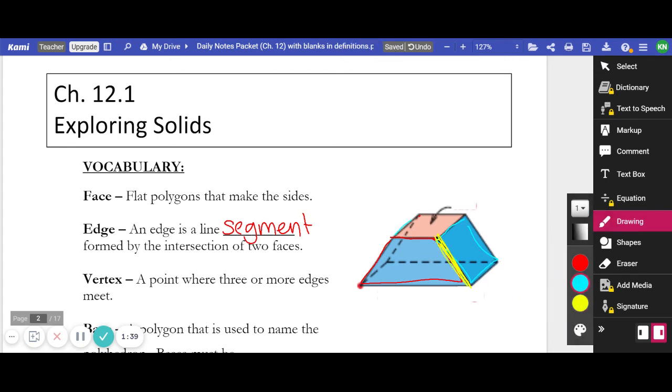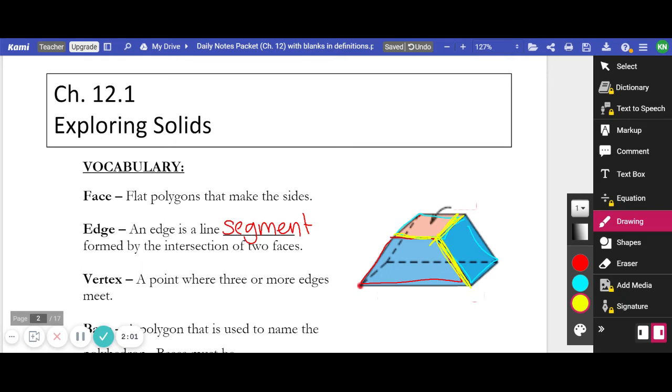When this trapezoid meets this rectangle, we have an edge here. And look, we have an edge here where the two rectangles touch each other. All of these places where the polygons are fused together, making line segments, are edges on a solid.